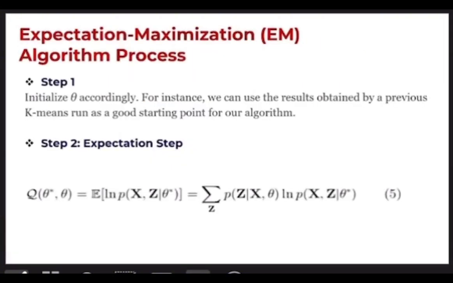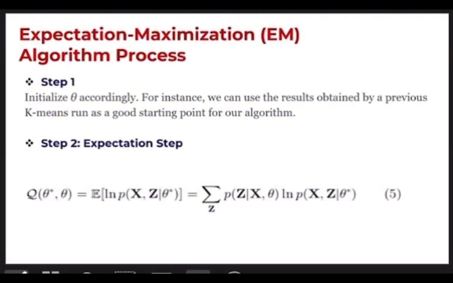Okay, now step 1. If you want to run your algorithm, you need a very good initial starting point. If you want to talk about the convergence rate of the algorithm, of course, it depends on the starting point.